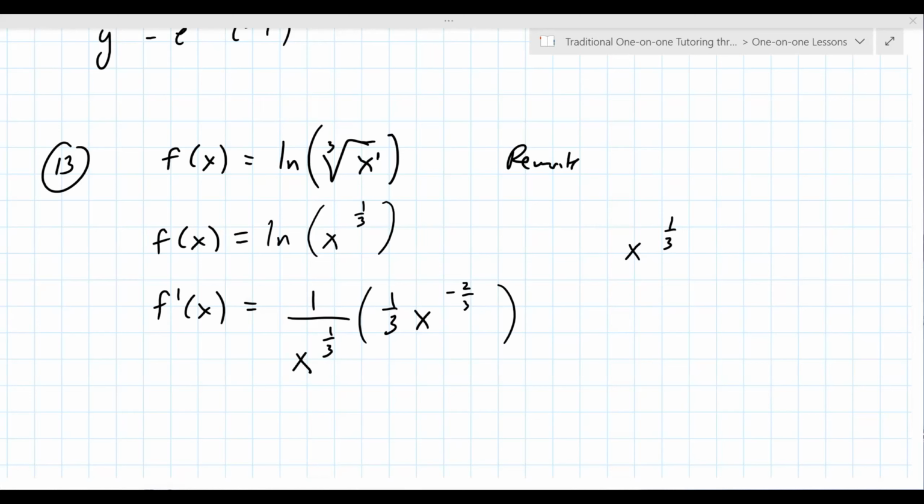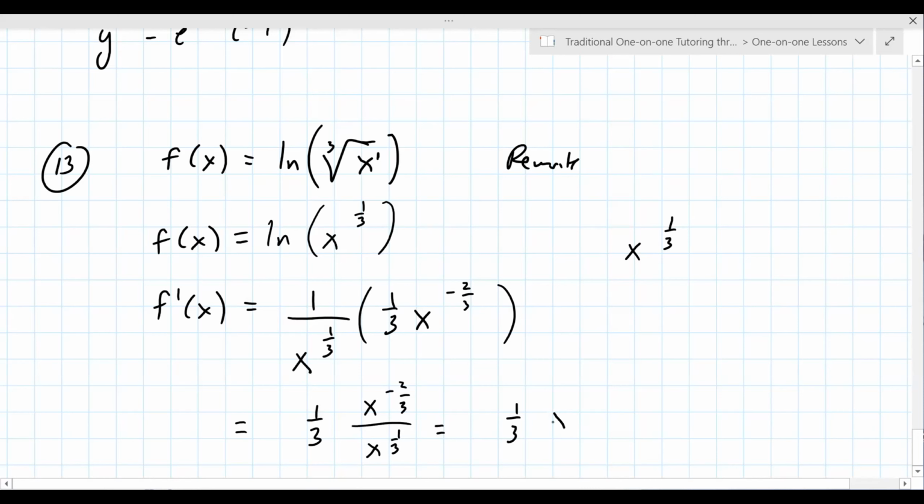So the simplification here is you get 1/3 x to the -2/3 over x to the 1/3. And if you recall, when the bases are the same and you're dividing, you subtract the exponents.